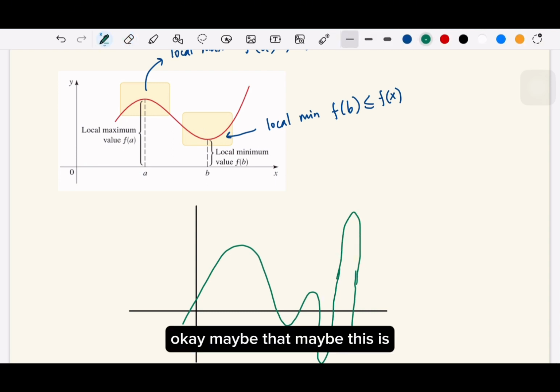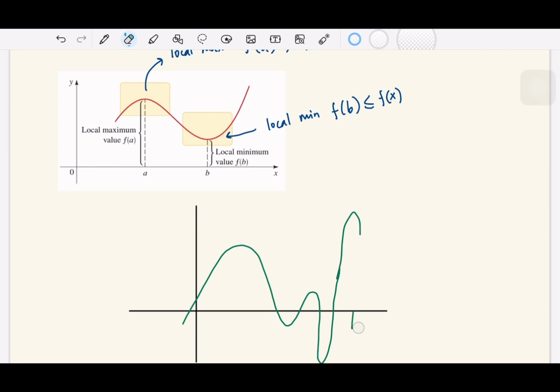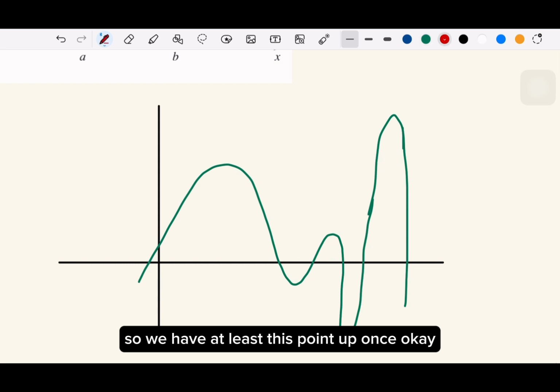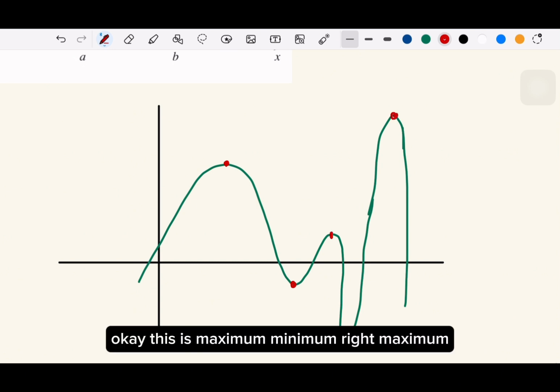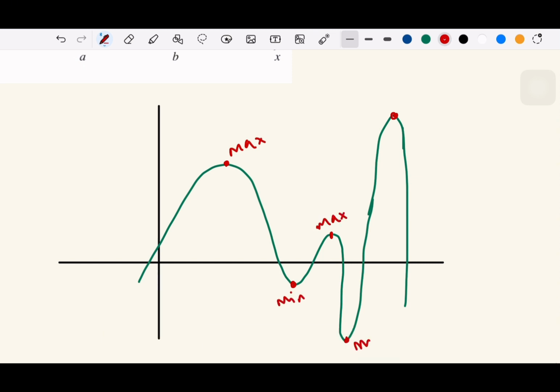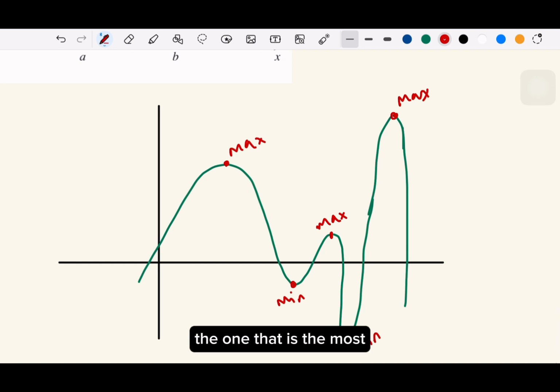Okay, this is maximum, minimum, maximum.